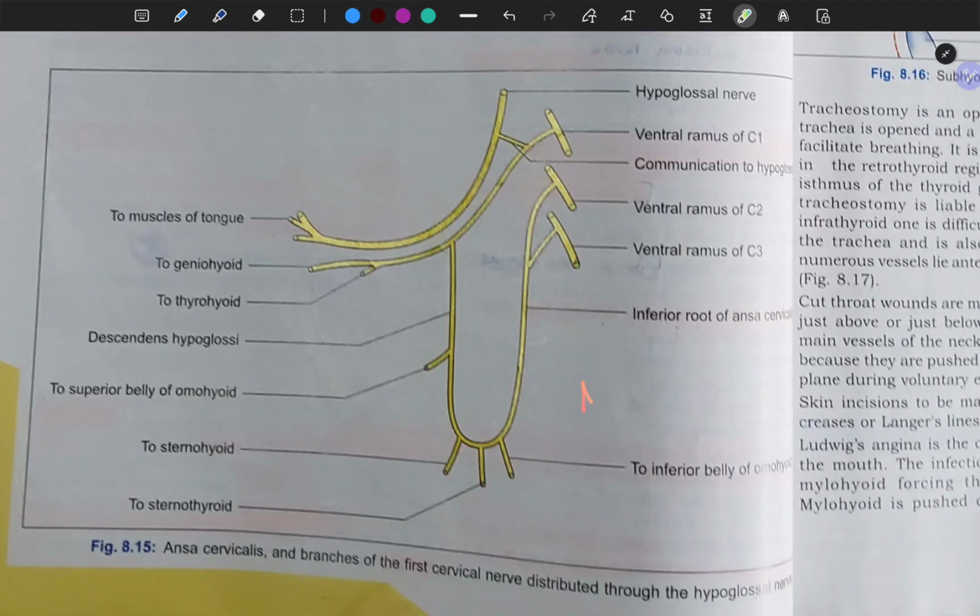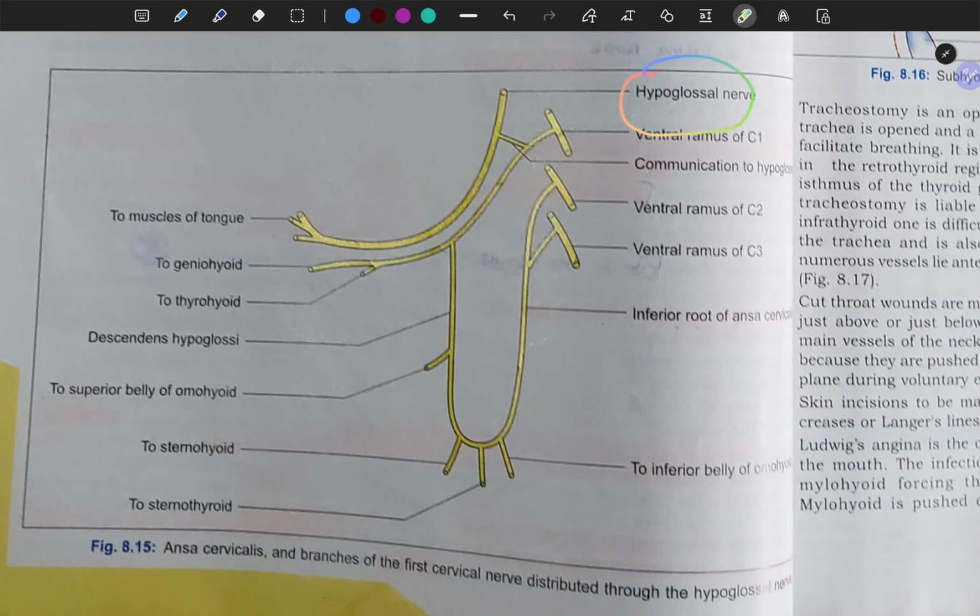A very important question with respect to the ansa cervicalis. Predominantly we must know this is your carotid sheath, where the internal carotid artery lies medially, the internal jugular vein lies laterally, with the vagus nerve, sympathetic chain, and ansa cervicalis.